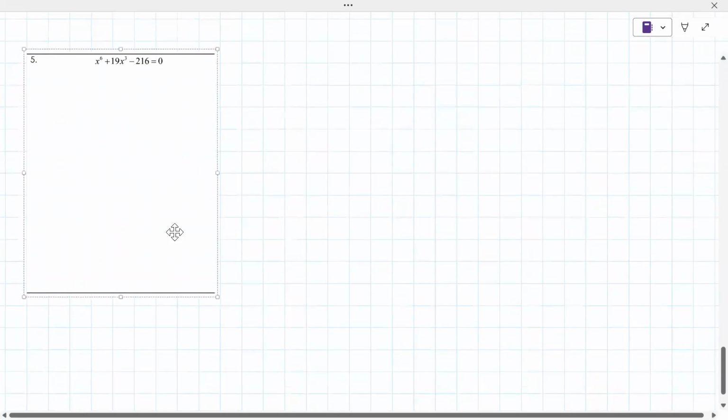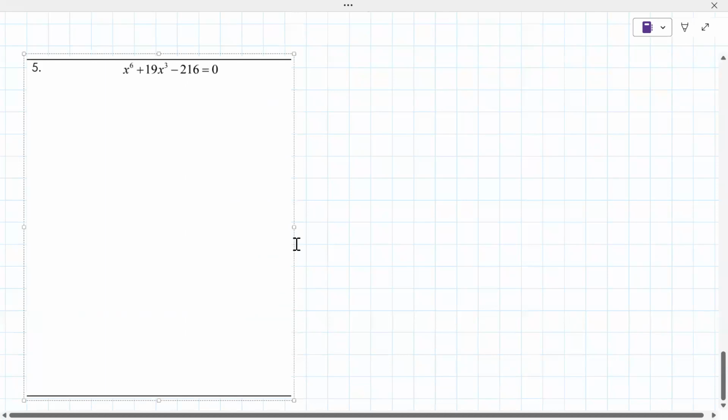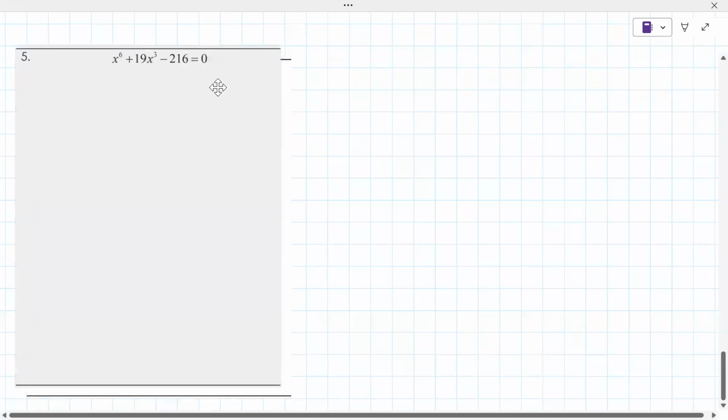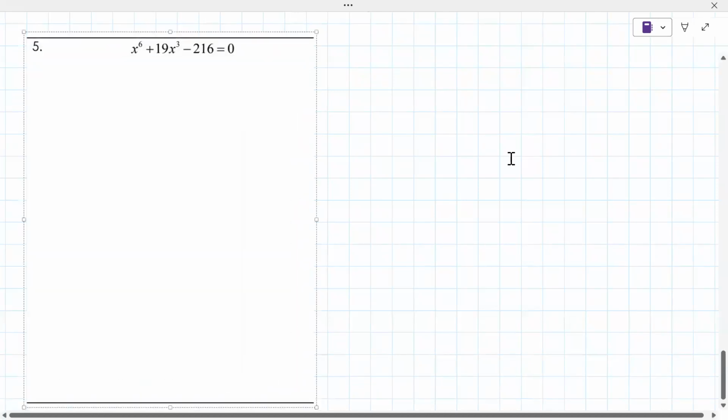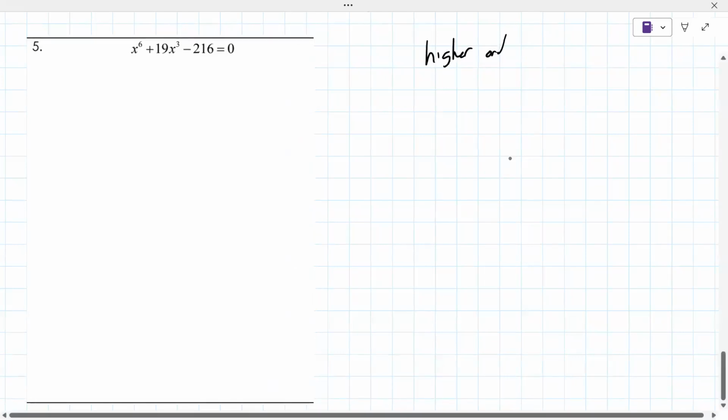So you can see a lot of this is you're doing a lot of repeat of what you previously learned. So this is again another example of a higher order factoring problem. And there's a couple of ways you can do it.